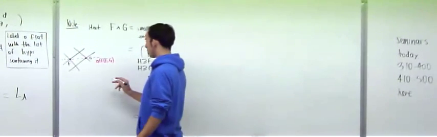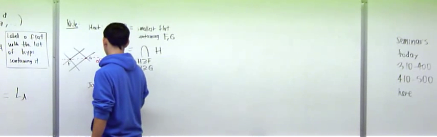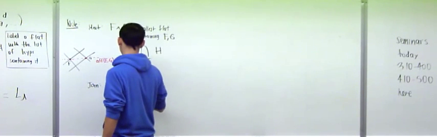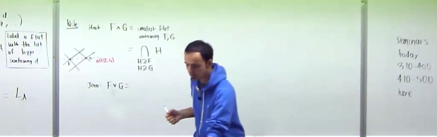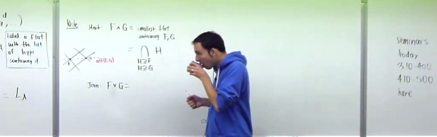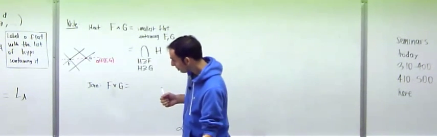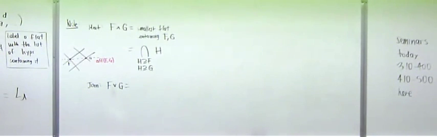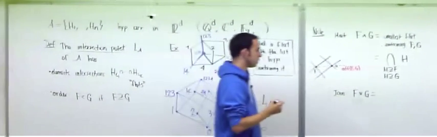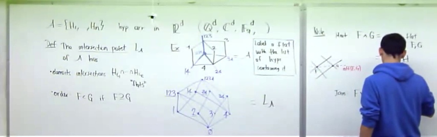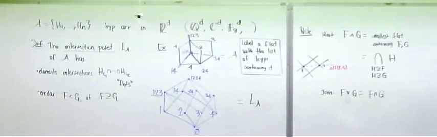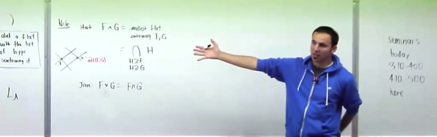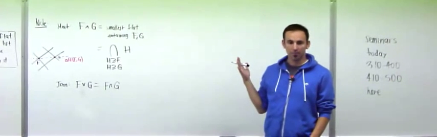Okay. Now, what about the join? What's the join? So for example, the join of 2 and 3 is 1, 2, 3, which is the intersection of 2 and 3. Okay? Now, there is one issue here, which is that in this particular arrangement that I drew, things always intersect.